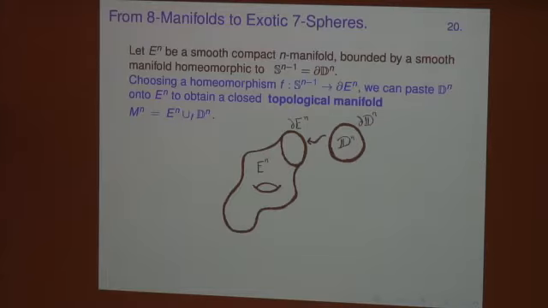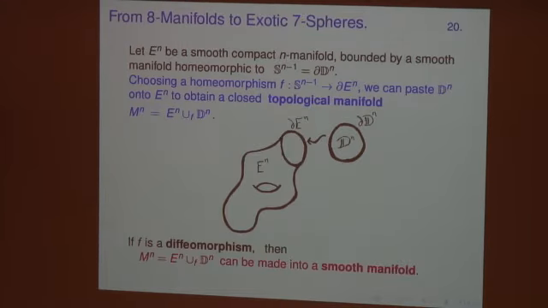But now suppose that E^n is a smooth manifold and that this correspondence between boundaries is a diffeomorphism. Then we can easily smooth out the differentiable structures and conclude that the manifold we construct actually has a differentiable structure.